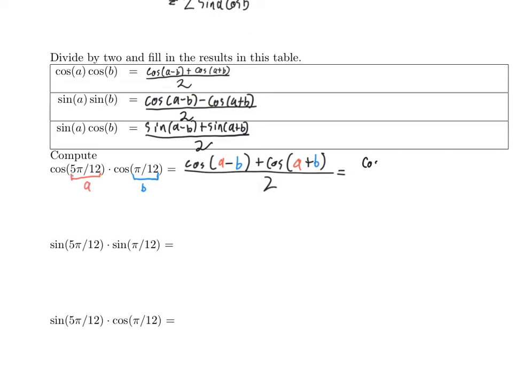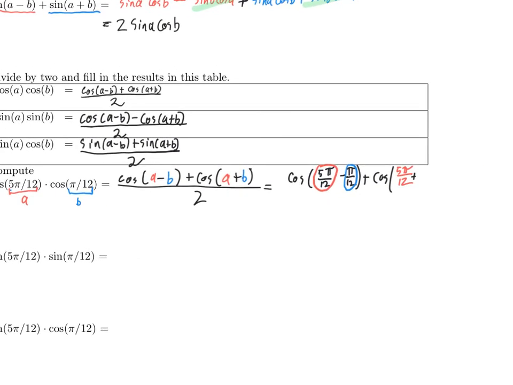This will become the cosine of 5 pi over 12 minus pi over 12, plus the cosine, maybe I should stick with the color coding, this one is the one that was red, that's A, this is the one that was in blue, that's B, of 5 pi over 12 plus pi over 12, all over 2.